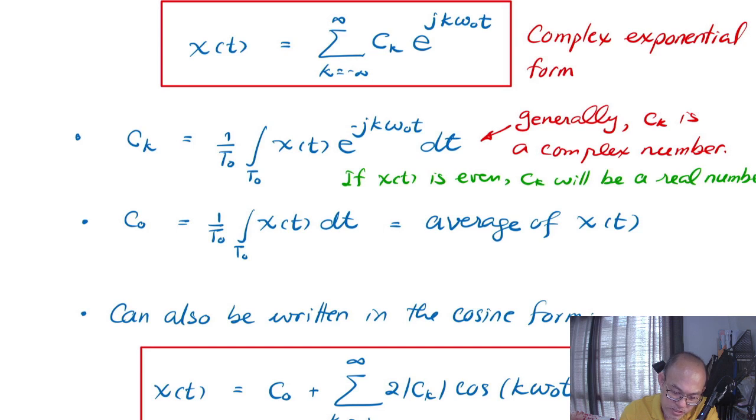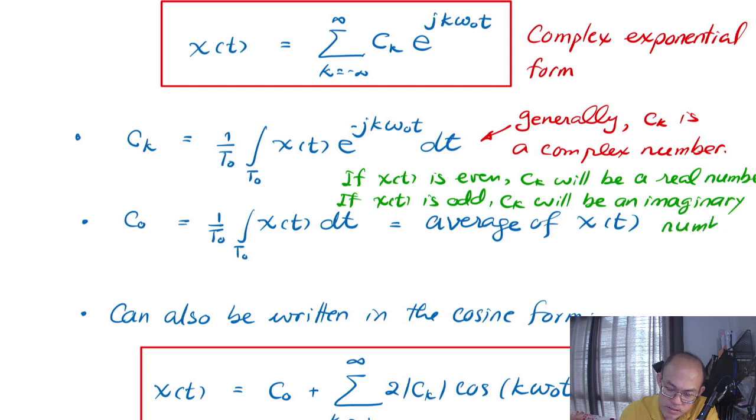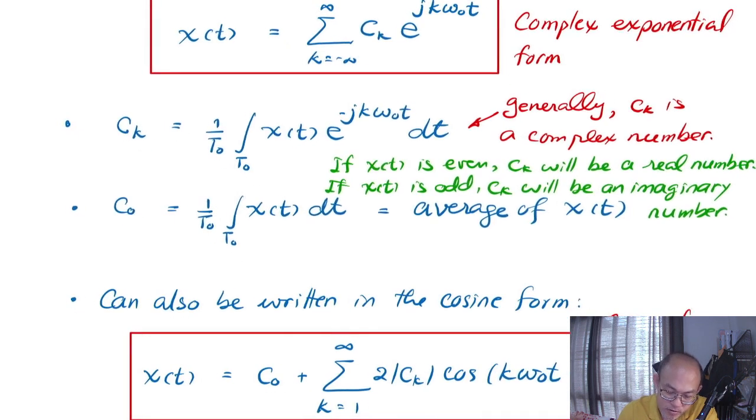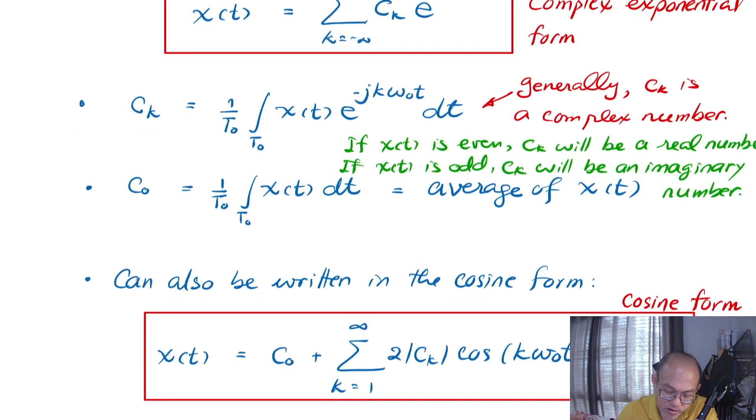If x(t) is an odd function, then ck will be an imaginary number. But in general, ck will have both the real and the imaginary parts.